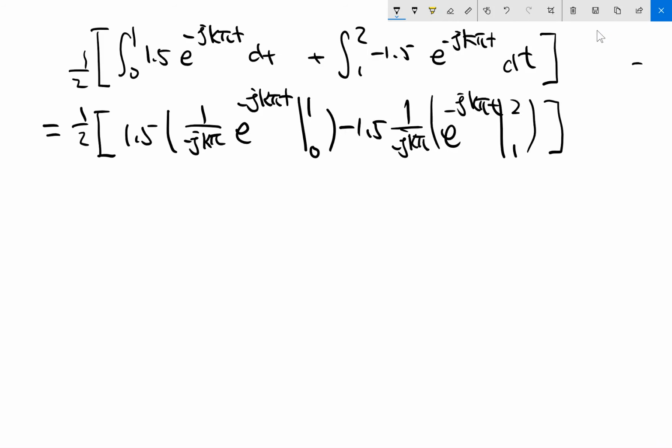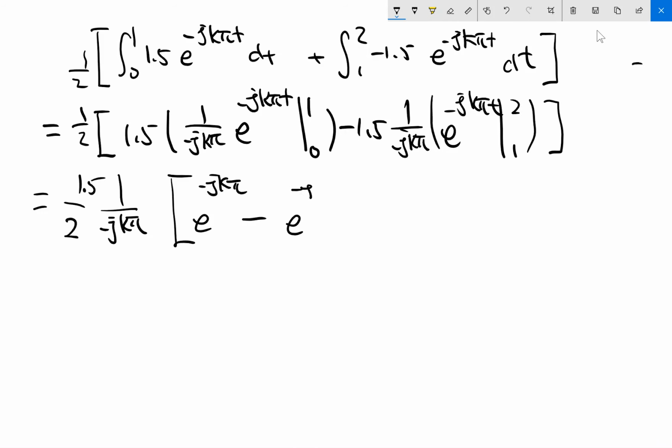And then just try to solve this. 1 over 2, and this 1.5 is something common, so we take it out. It's 1.5, and this 1 over minus j k pi is something common, take it out. 1 over minus j k pi, and inside here is e to the power of minus j k pi times 1, minus this 0, so it's e to the power minus j k pi times 0.